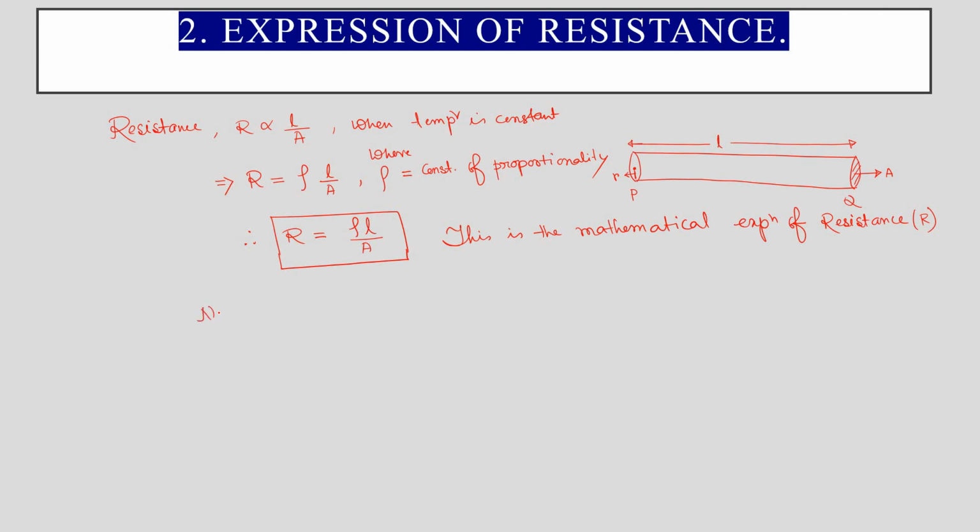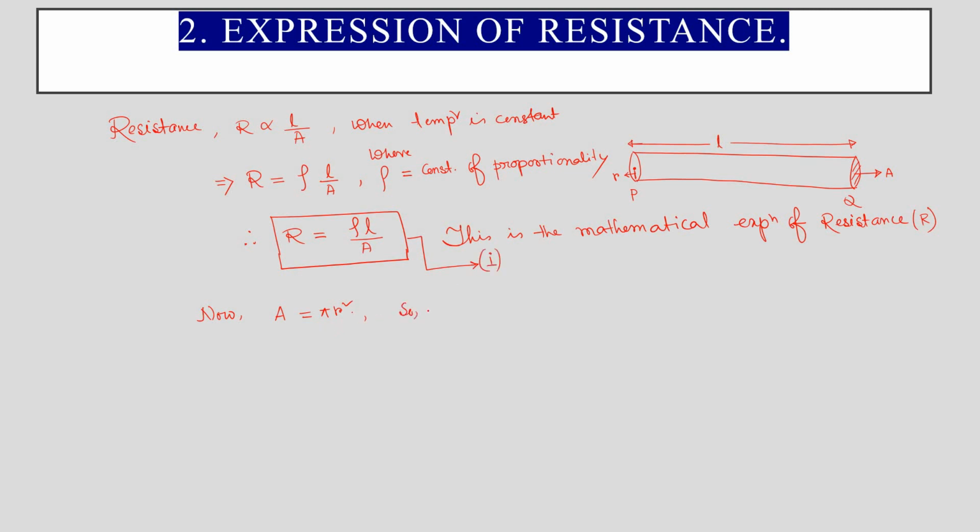Now A, we can write A equal to pi R square. So if we put the value of A in the above equation, we get another expression of resistance. Suppose this is equation 1.